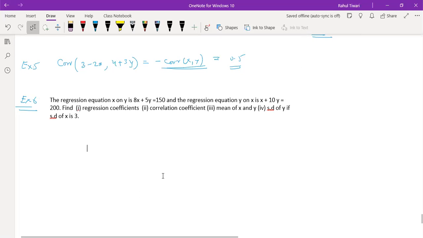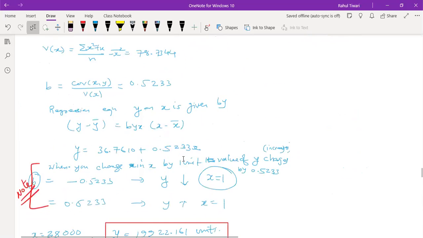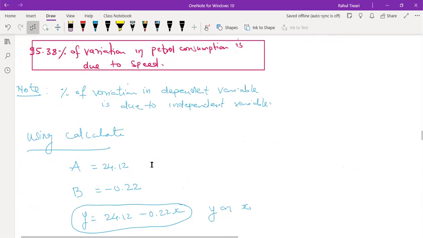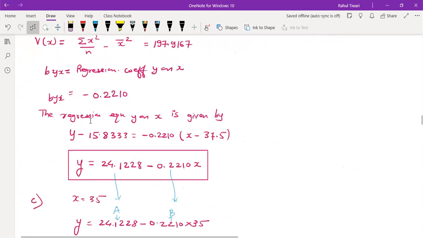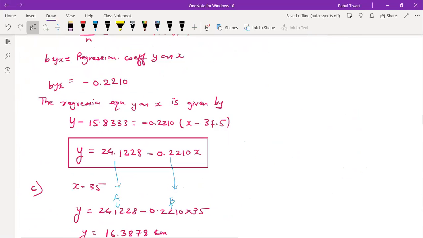Now, so far, what we have seen, we have been given data like these, maybe bivariate data, maybe simple data like x and y, right? And we know how to obtain this equation.